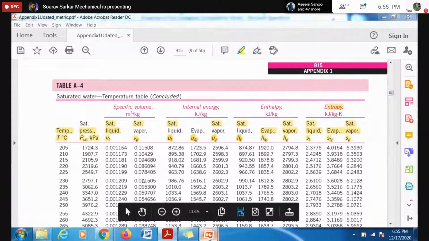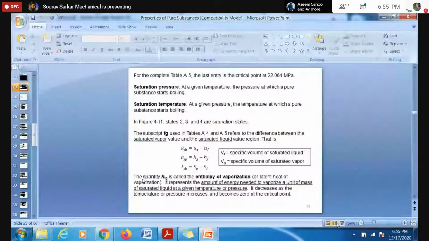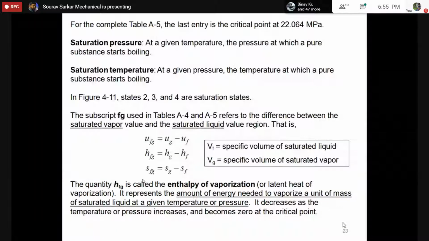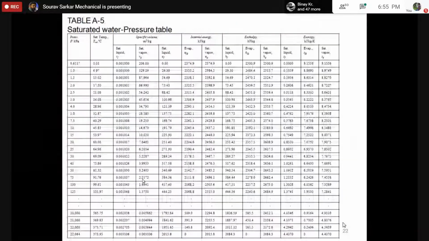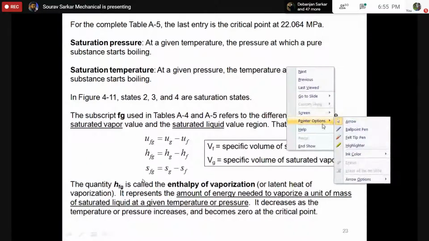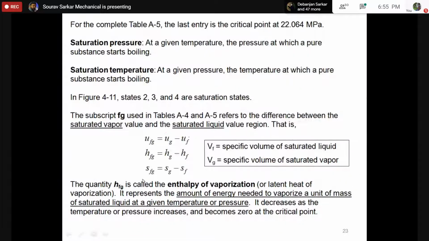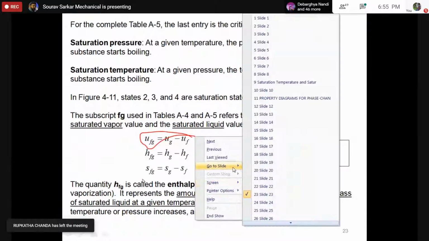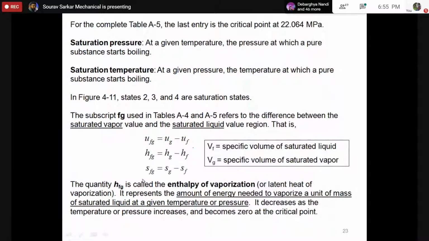If I show you the PPT, this is the table. The saturation temperature we understood, and the saturation pressure we understood. Now, ufg is ug minus uf, hfg is hg minus hf, and sfg is sg minus sf.